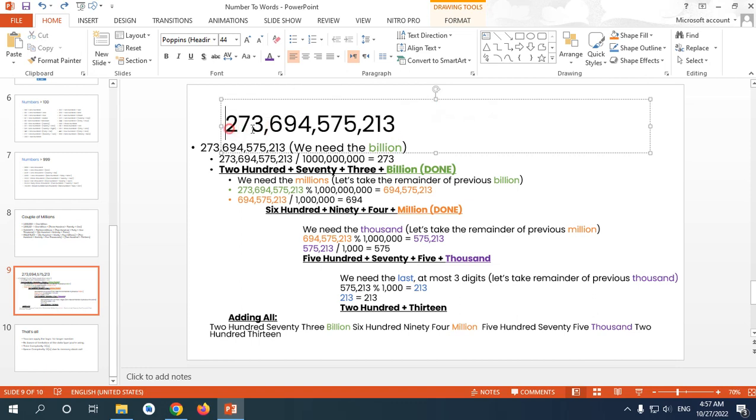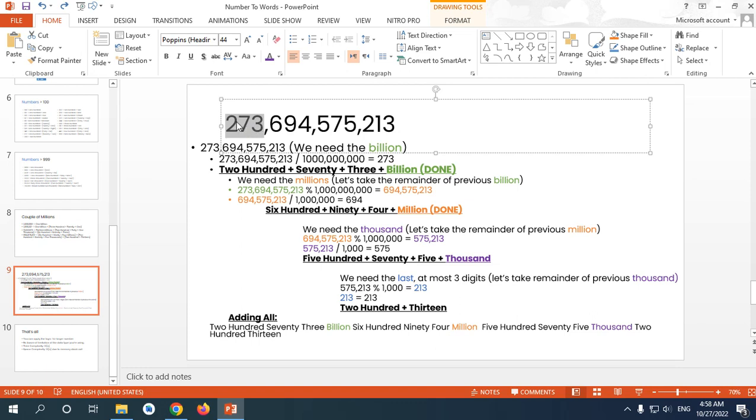How can we solve these 3 digits, which is like the previous steps? We have 273, we need to have the 273, so we divide the whole number by 1 billion, I mean, just to get the last 3 digits, which are 273.